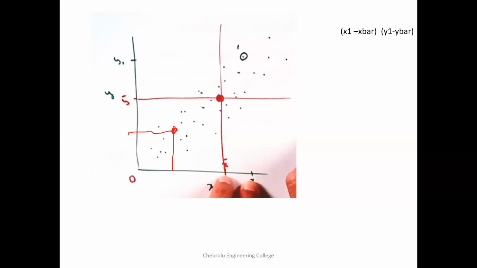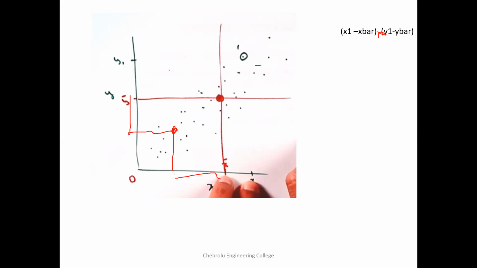That is, we'll get a negative. This distance is negative and this distance is also negative. But these two negatives multiplied become positive. So we can definitely say this is positive.